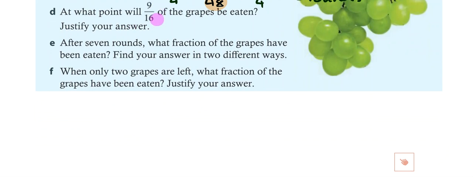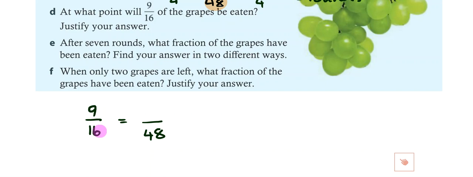at what point will 9/16? So 9/16, we'll say how many out of the 48 have been eaten. And how do I know? Well, we know that if I eat 9 out of 16, how many times can I take 16 out of 48?